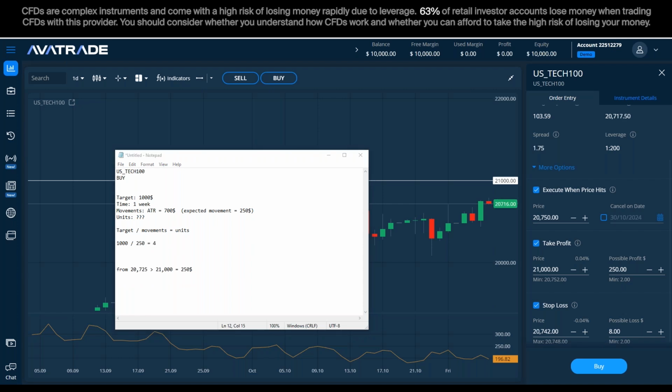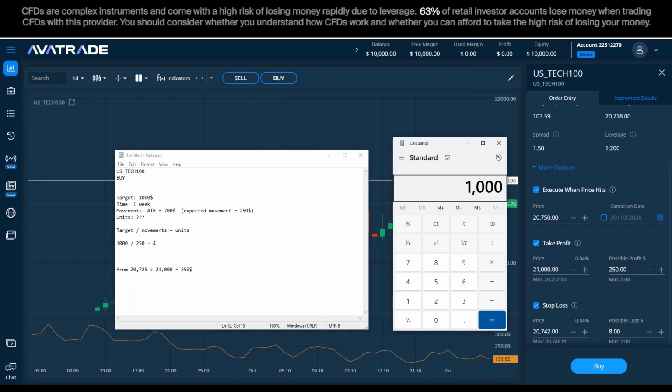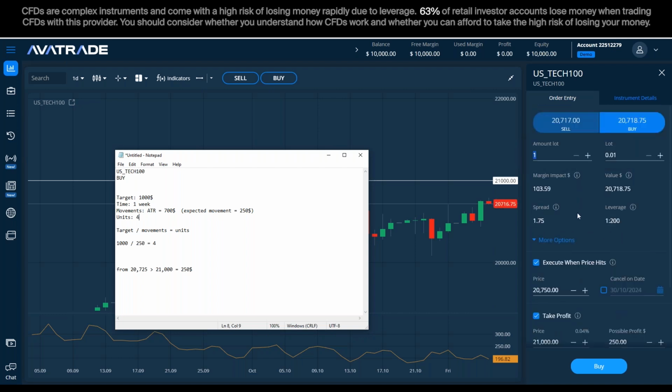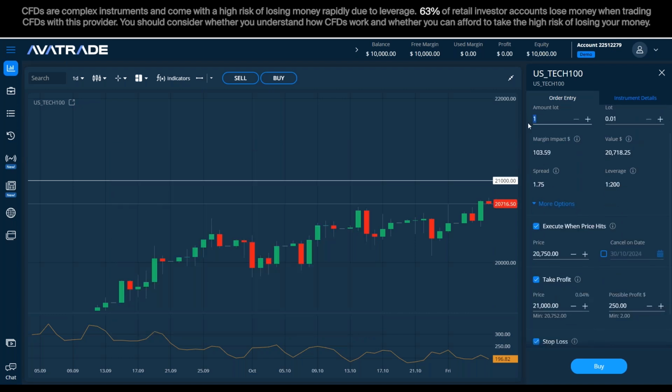How can I possibly know that? Because of what I've explained. 4, let's test it out, but let's increase it gradually for you guys to understand. If I get 2 units, this will be 500.